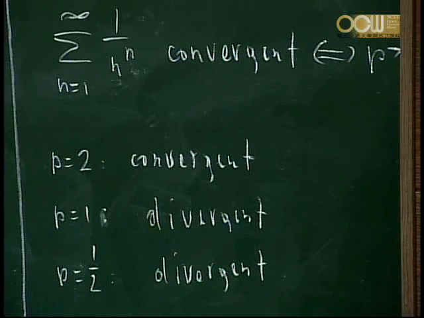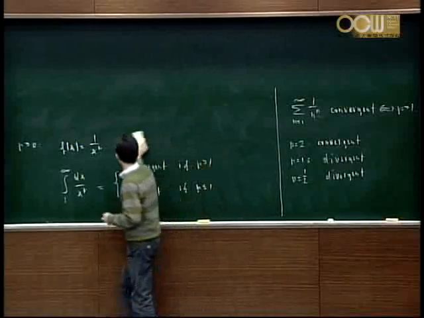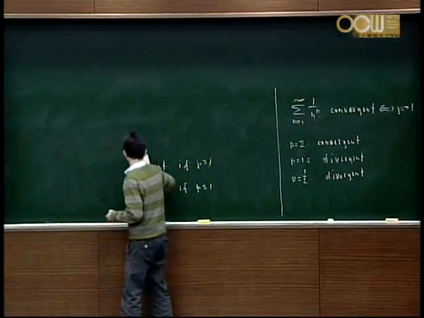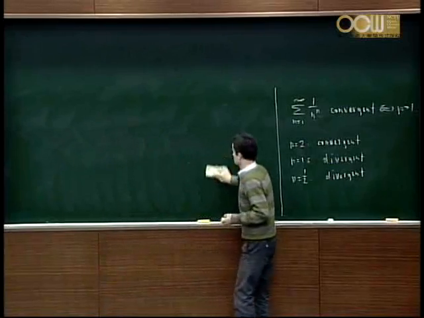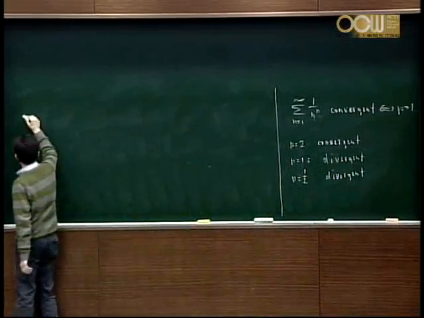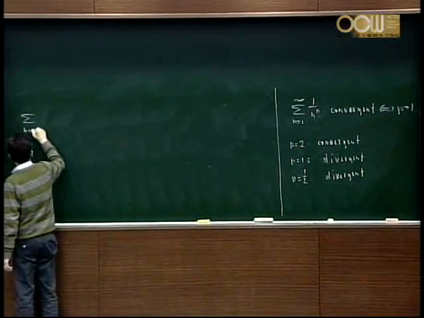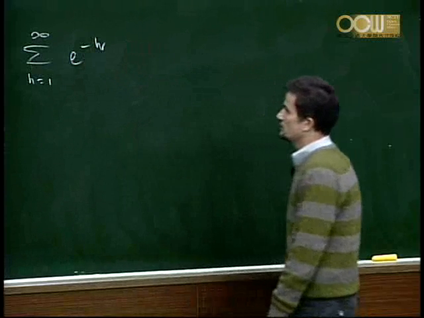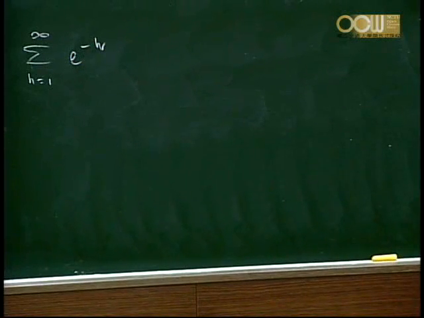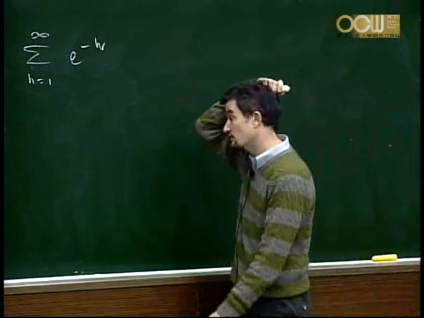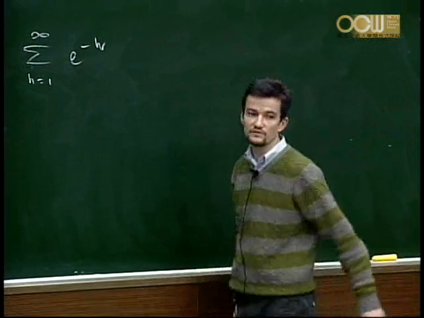So this is one example. There are plenty of other examples. For instance, if you look at this example here, maybe just to get a rough feeling for convergent series, it's always good to first have some heuristic argument which is good enough.